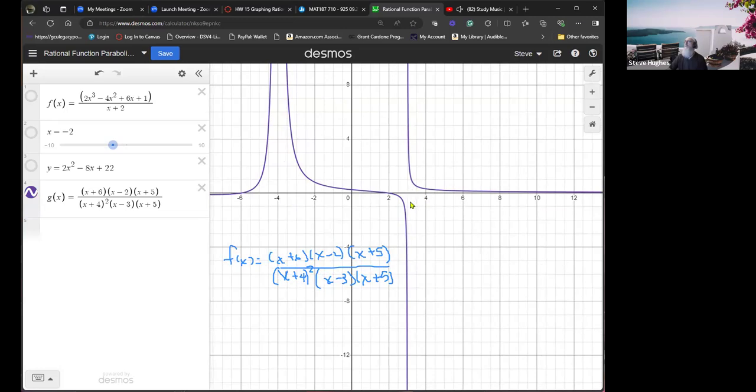There's our other vertical asymptote right there, x equals 3, x equals -4. At x equals -5, if I put in g of -5, that's undefined. That's where my removable factor was, right?